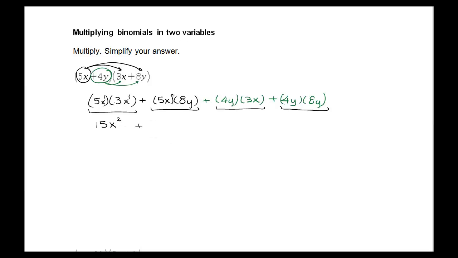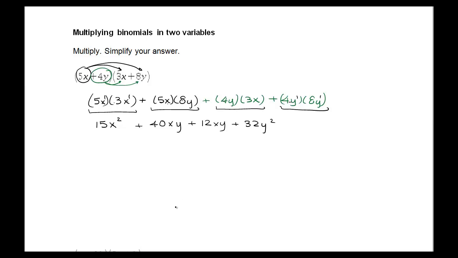My second term, 5 times 8 is 40, and I have an x and a y, and I can't combine them because they're not the same variable, so I just leave it at xy. The next group I have is 4 times 3 is 12, and I have another xy, and my last is 4 times 8, which is 32, and I have a y to the 1 times a y to the 1 gives me a y squared.